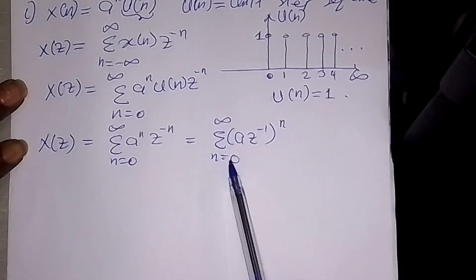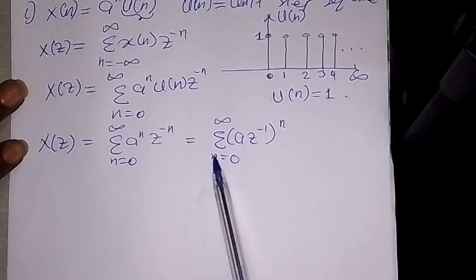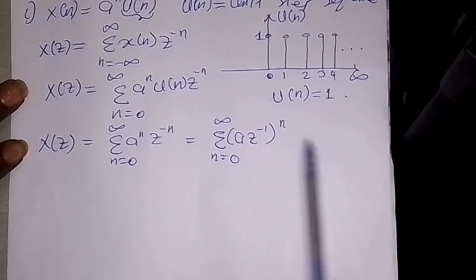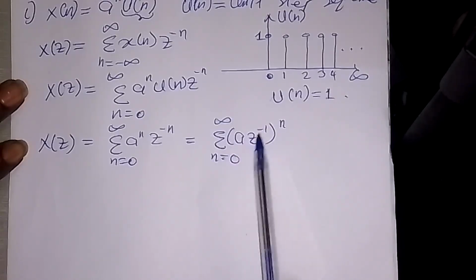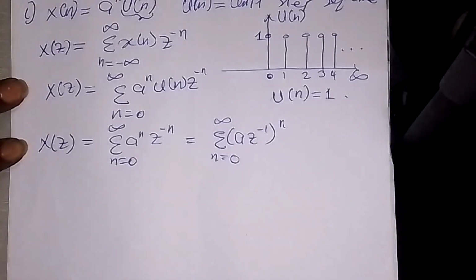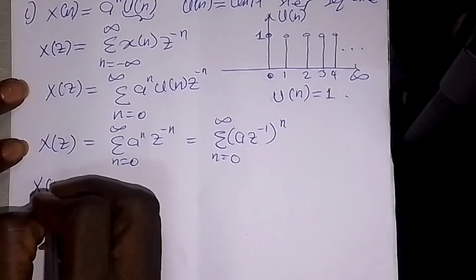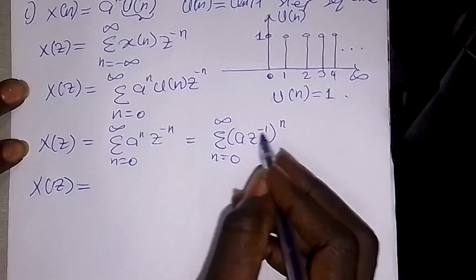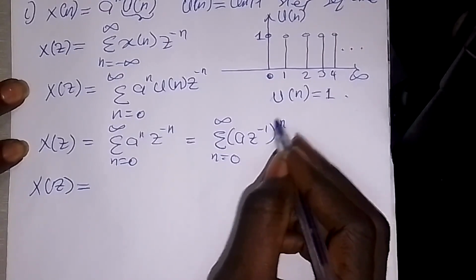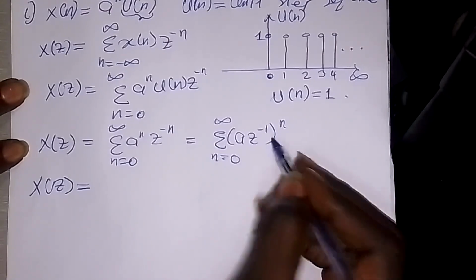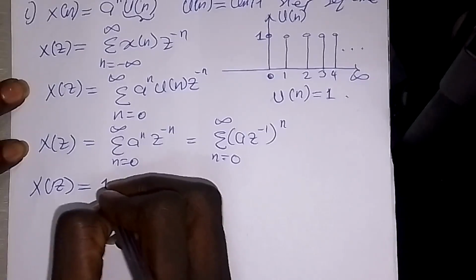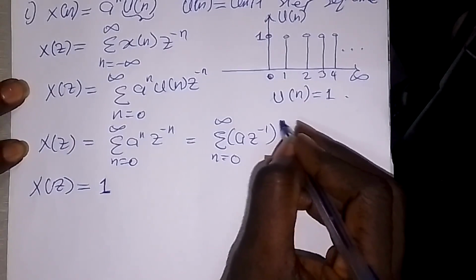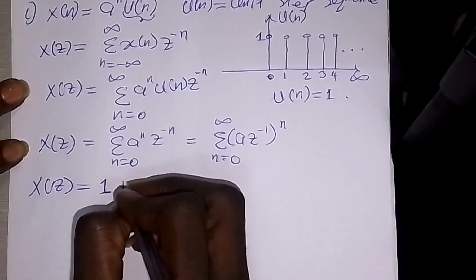By putting in the values of n: n equal to 0, n equal to 1, n equal to 2, n equal to 3, up to infinity. First, x of z: if n is equal to 0, this place becomes 0, and any number exponent 0 is 1. So I'll get 1. Then I'll put 1 into the equation.